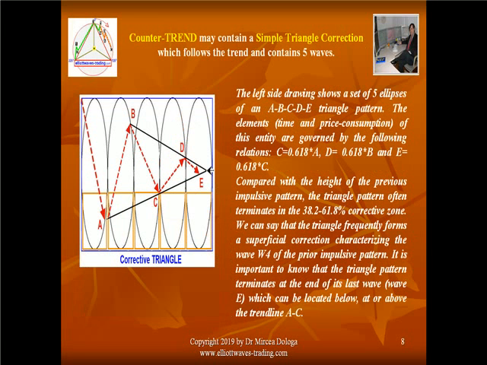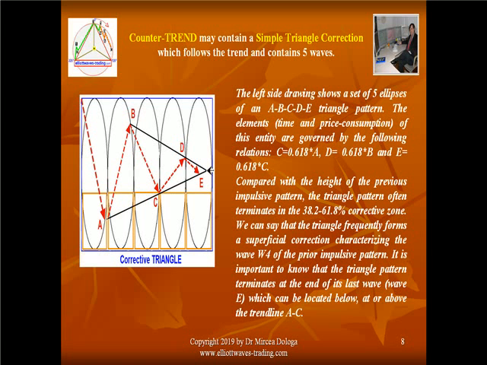The counter trend may contain a simple triangle correction which follows the trend and contains this time 5 waves. The left side drawing shows a set of 5 ellipses of an ABCDE triangle pattern. The elements' time and price consumption of this entity are governed by the following relation: C equals 0.618A, D equals 0.618B, and E equals 0.618C.